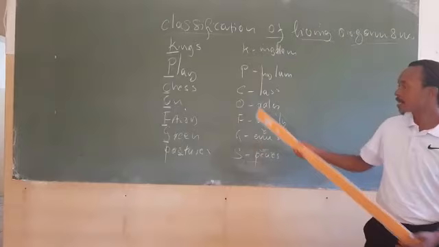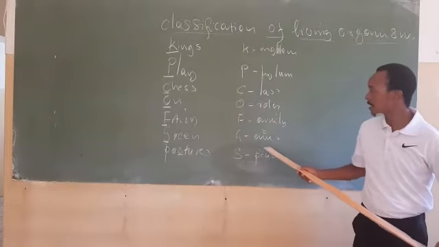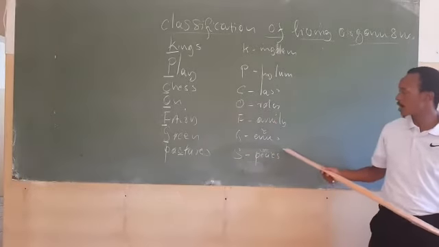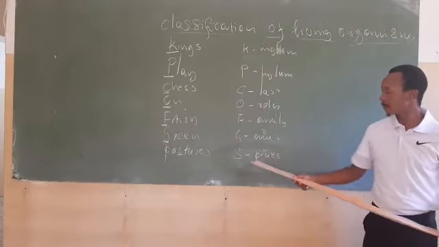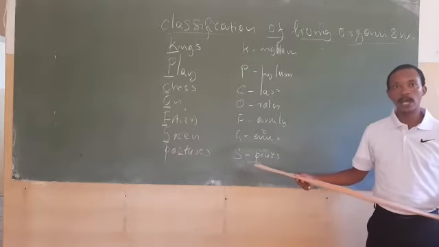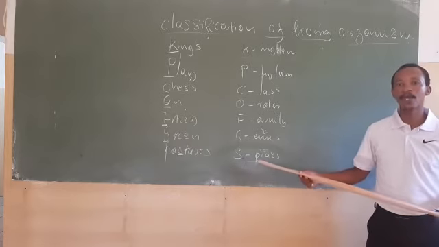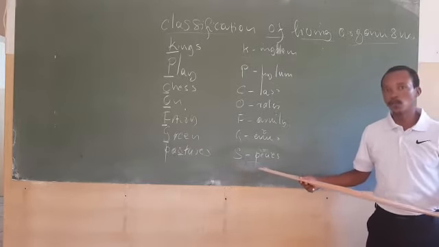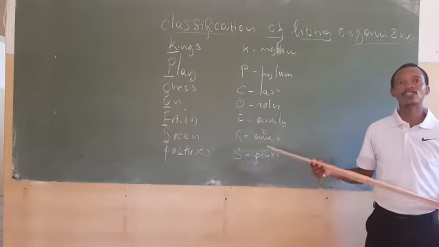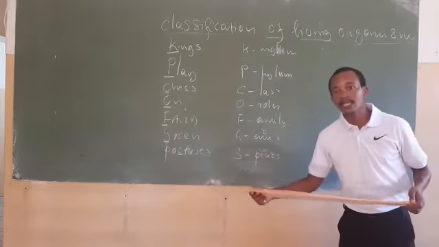Alright, then why classify this? Once you reach the level of species, that is where those organisms can breed with one another to produce an offspring that is also productive.